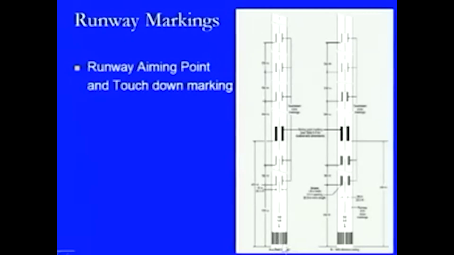So, it is at some distance from the end of the runway strip. This is the basic pattern which is provided, and here this is the aiming point marking which is located here. This bigger strip is provided at this location. This is usually at a distance of 400 meters from the end of the runway strip, and from this direction there is going to be a landing.